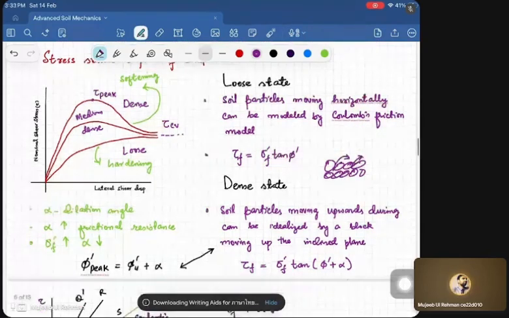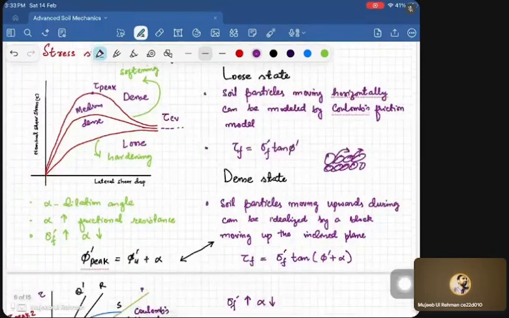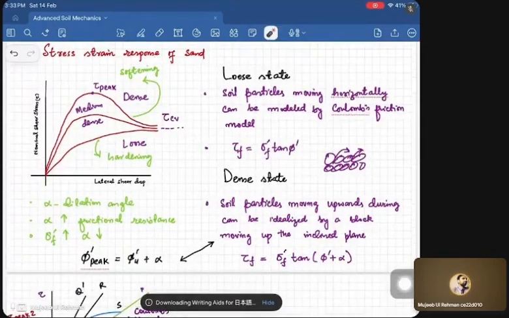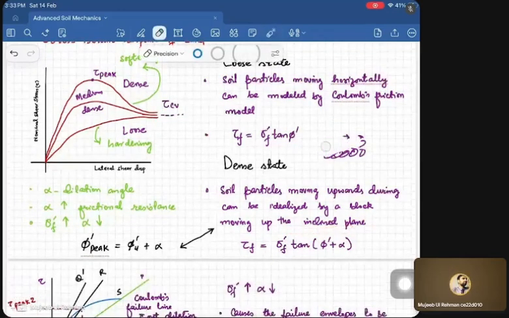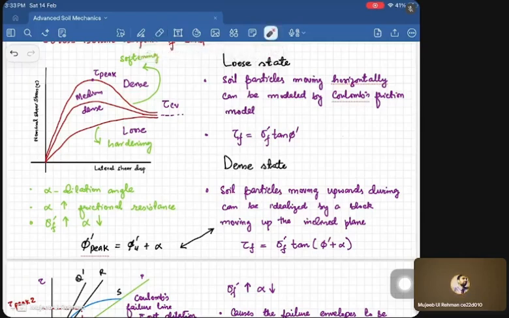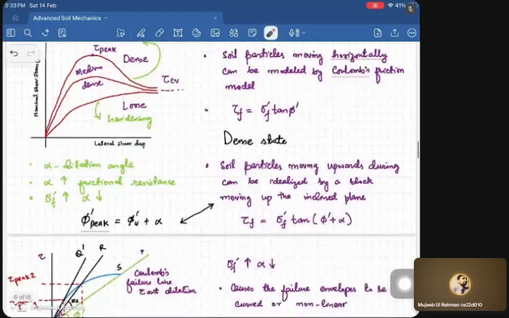It means that the particles of the dense sand are actually moving upwards during shearing, which can be idealized by a block moving up an inclined plane. Fine. And the failure equation, how we relate the stresses, is given by tau f is equal to sigma dash f tan of phi dash plus alpha.